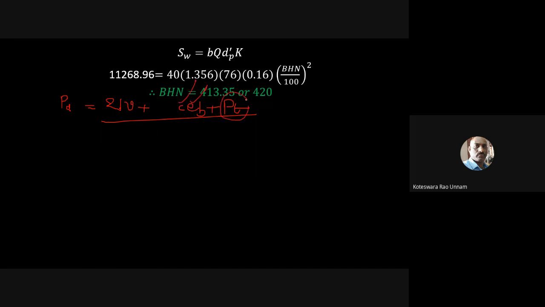Of course Pt is already known to us, V is also known to us. We already calculated the pitch line velocity also. These two parameters you need to calculate additionally, C and e. So this C is nothing but the deformation factor. You have a formula for that, and e is what I will call the total error. That is the error on the gear plus the error on the pinion. So you need to calculate that.